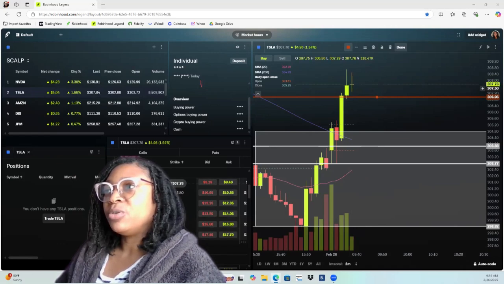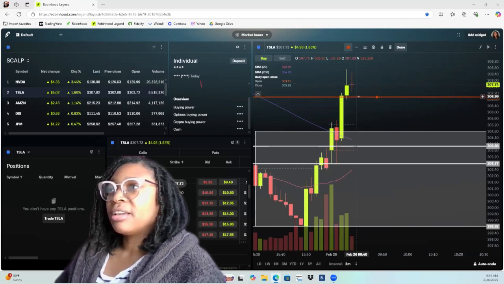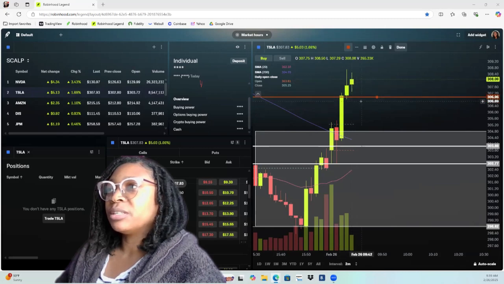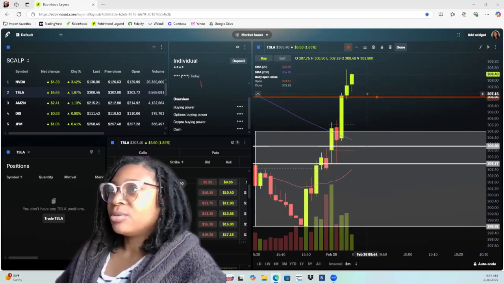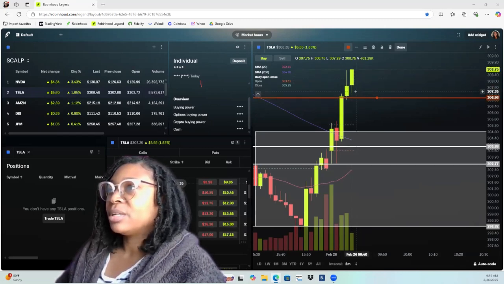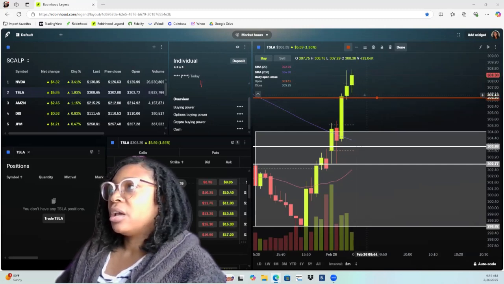One of the things that I need to be doing is setting how much I'm willing to lose. I set it here, but I think it doesn't give the stock room to run, and so sometimes I have to pull it back down just a little bit.